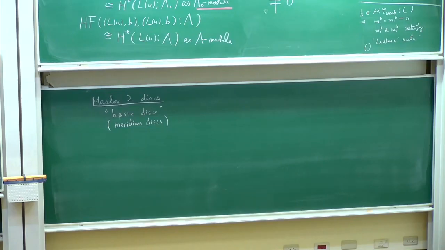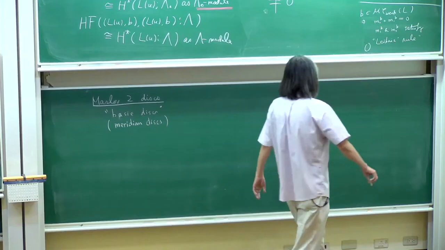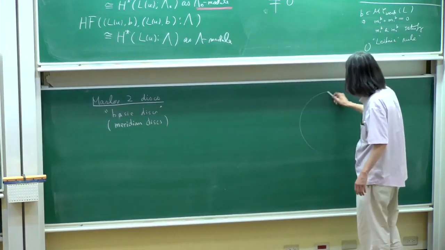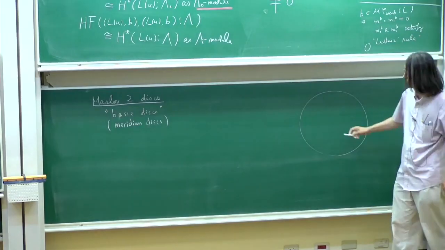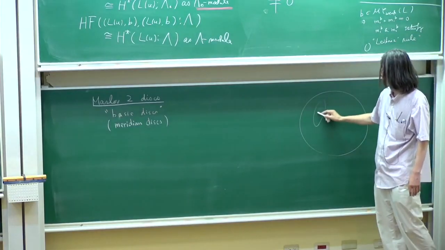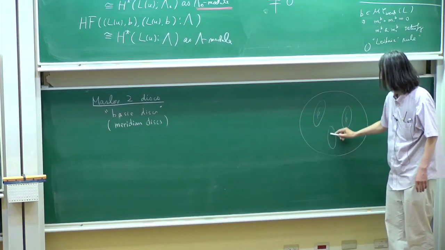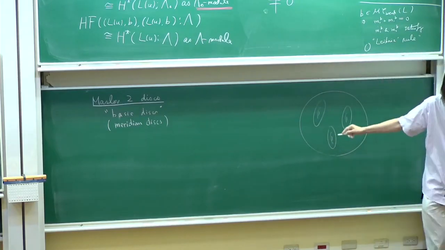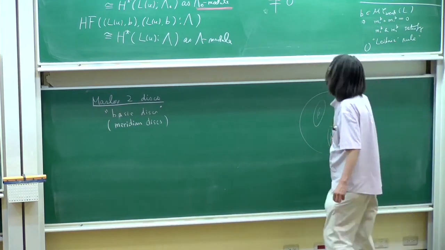So actually, maybe I will explain that a bit later. You have a compact toric manifold here, and there are finitely many torus fibers where they admit some critical point.